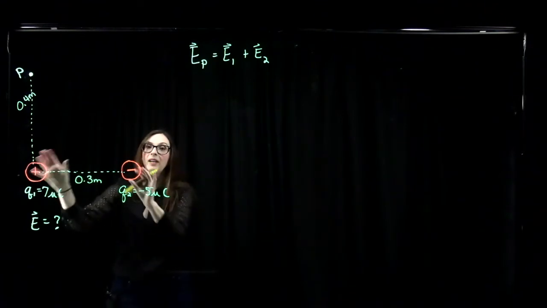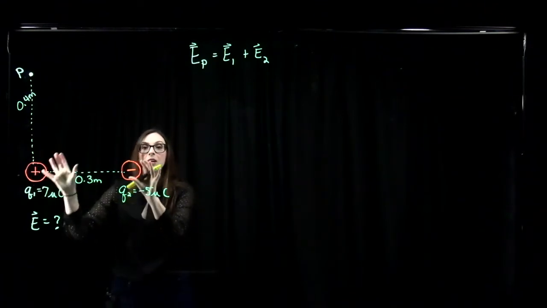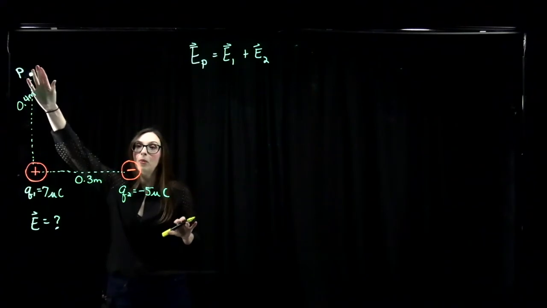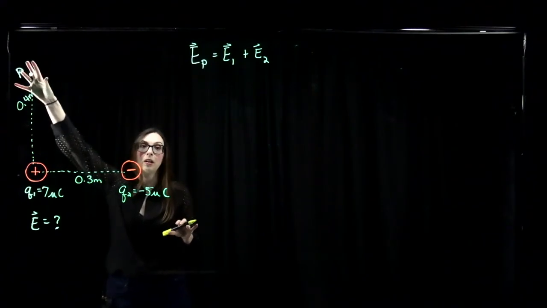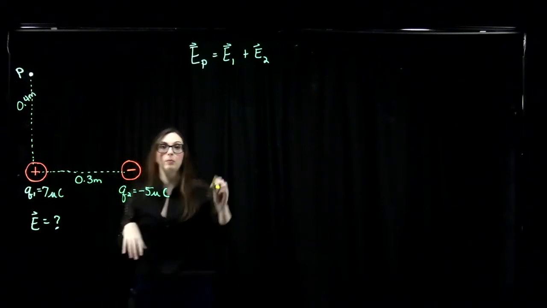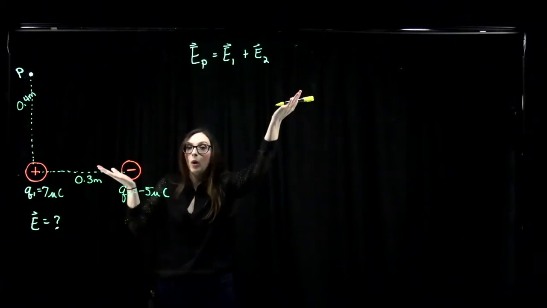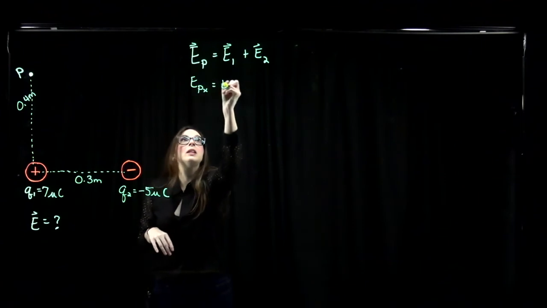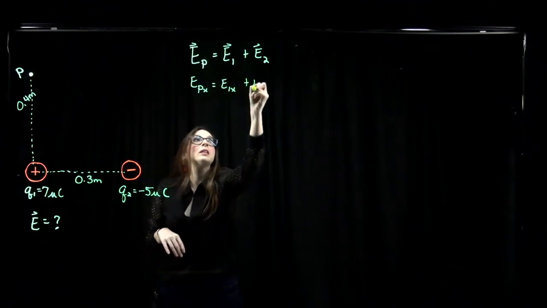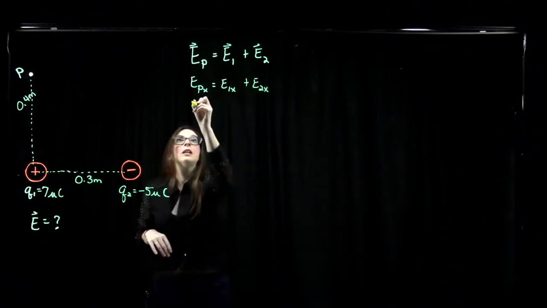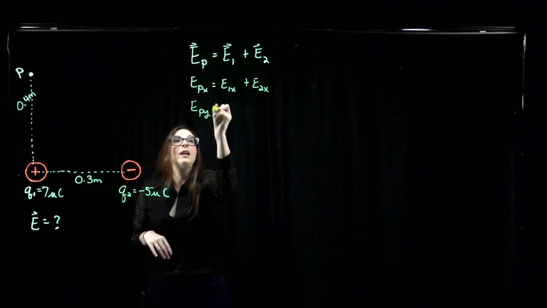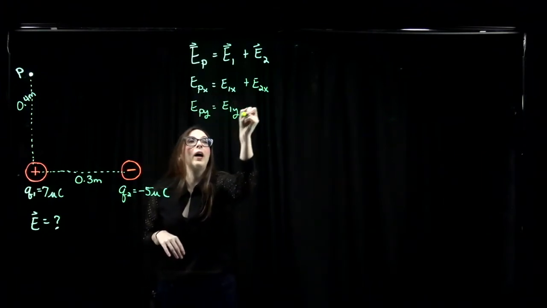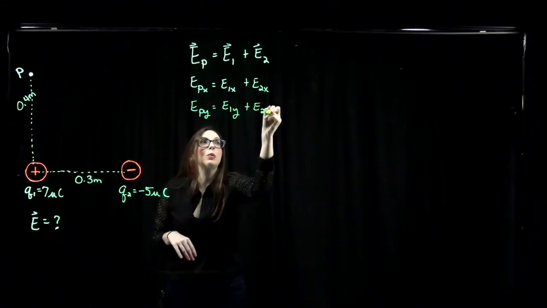So we have to add the electric fields from both of these charges at point P together in order to get the total electric field here at point P. All right, and these both have x and y components. So EPx is equal to E1x plus E2x. EPy is equal to E1y plus E2y.